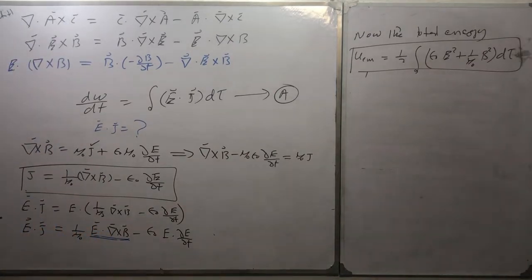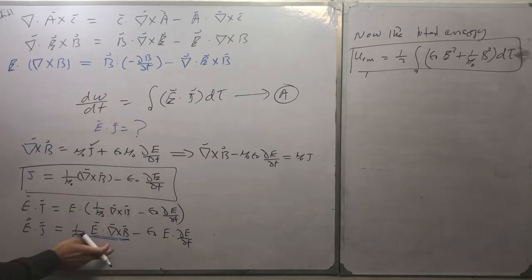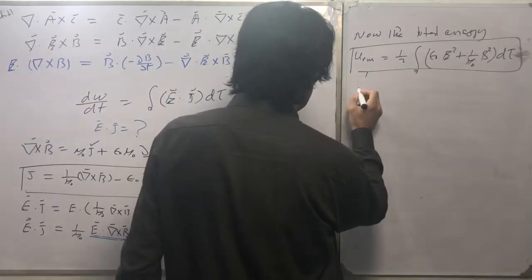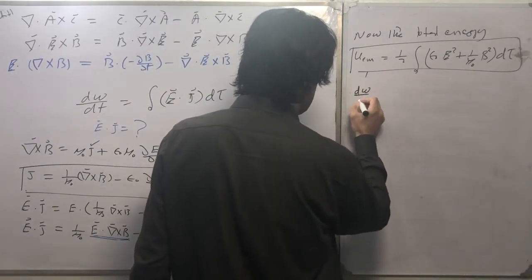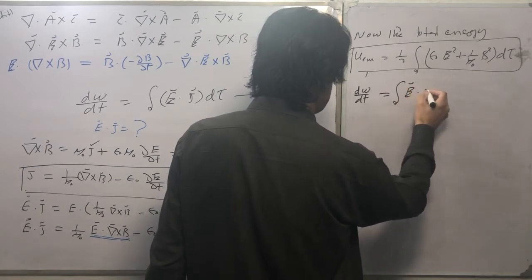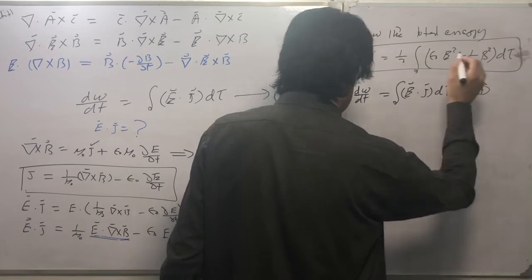Now we must put the value of this in this equation. Further, I will write this equation A here: dW divided by dt equals the integral of E dot J d tau, and this is equation number A.